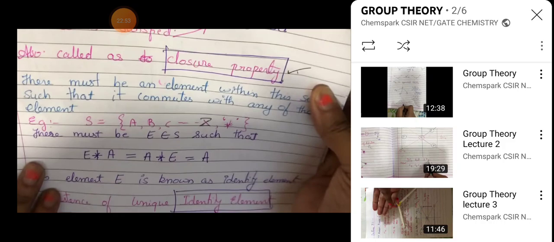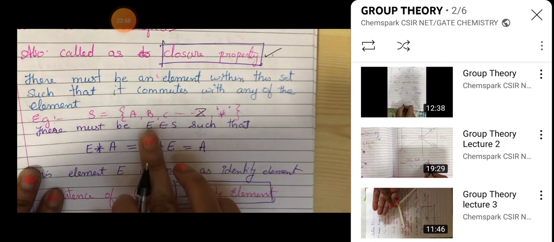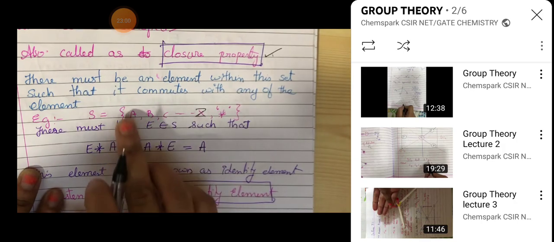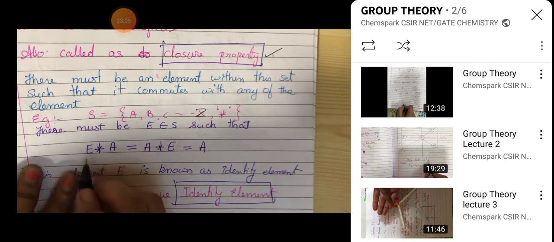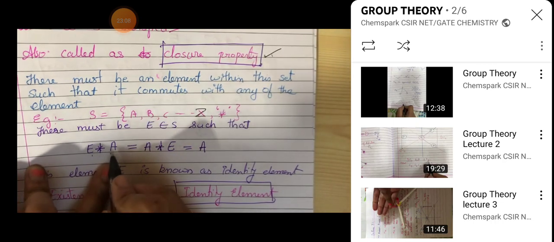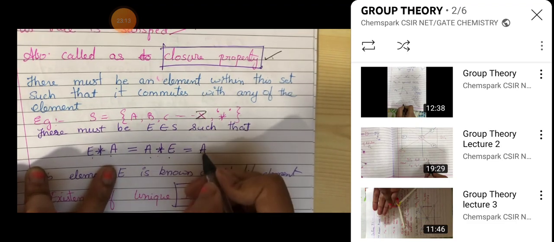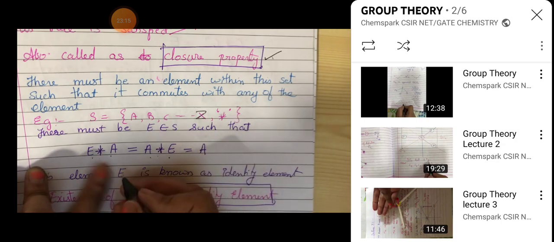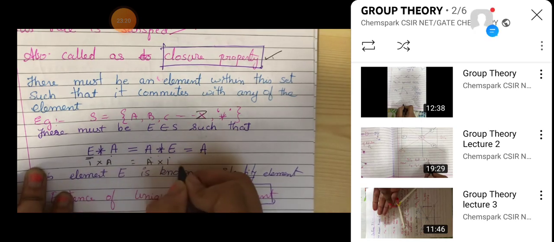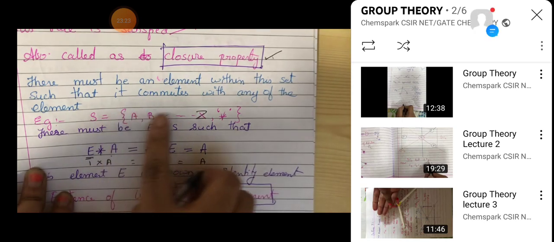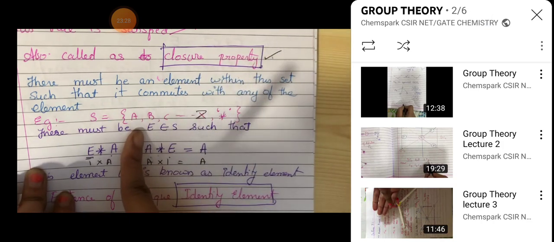And suppose we have E, and E belongs to set S. If I consider A, and I do a binary operation by choosing E and A, then E multiplied by A will give me the same result as A multiplied by E. Suppose this answer is A. For example, if I consider E as 1, then 1 into A and A into 1, I get A. So in this set, there is at least one element which, when you multiply it with another element, you will get the same element.